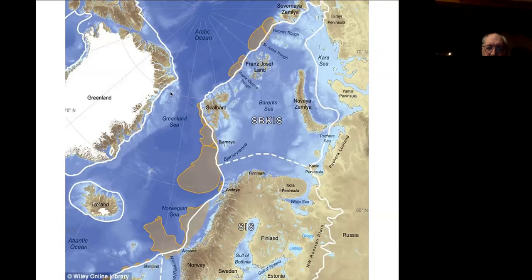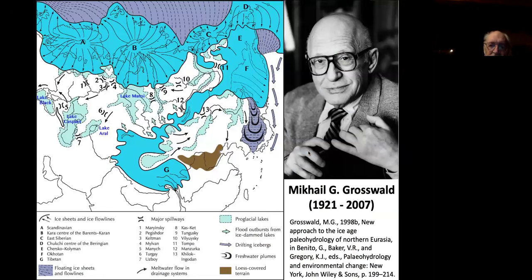In fact, there was only a little piece of area between Svalbard, a mountainous projection off the seafloor, and Greenland that was actually an inlet into the Arctic Ocean. It was otherwise surrounded by ice.